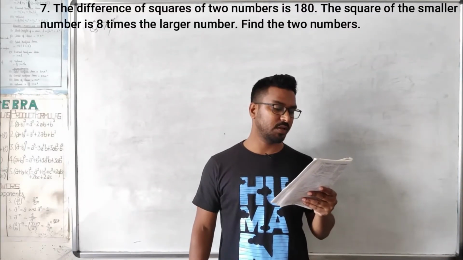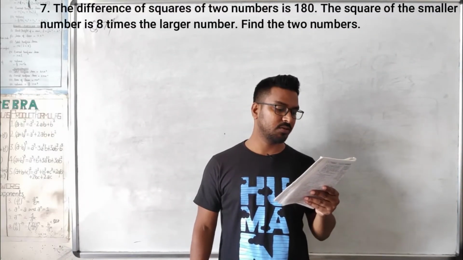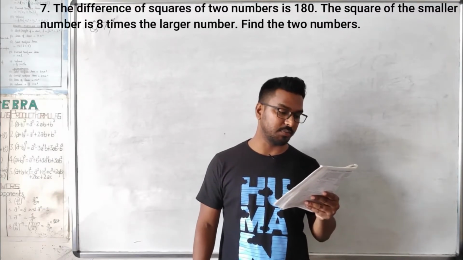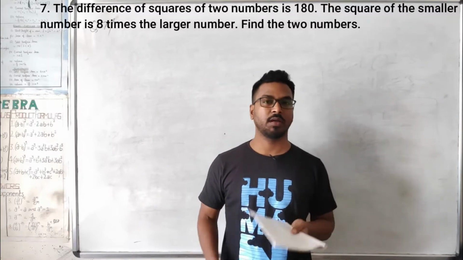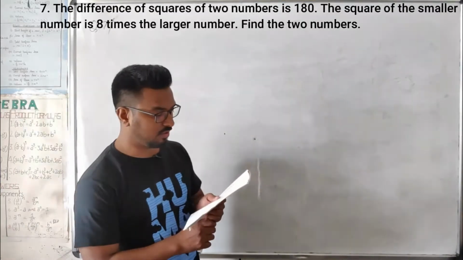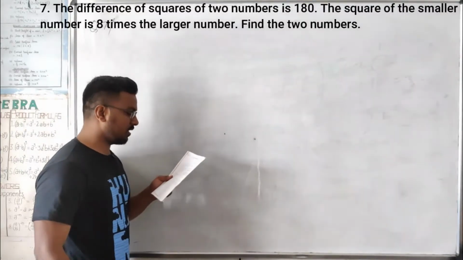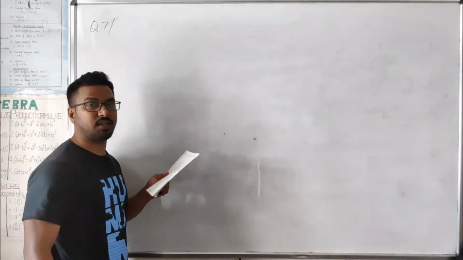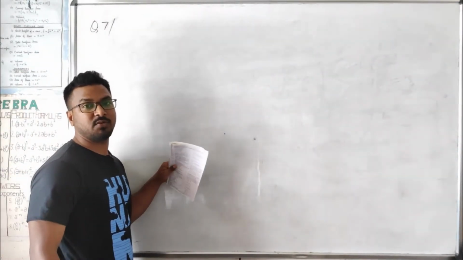The difference of square of two number is 180. The square of smaller number is 8 times the larger number. Find the two number. So there are two number, one is larger and the other is smaller. So what we'll do, we don't know what is the larger number and what is smaller number.